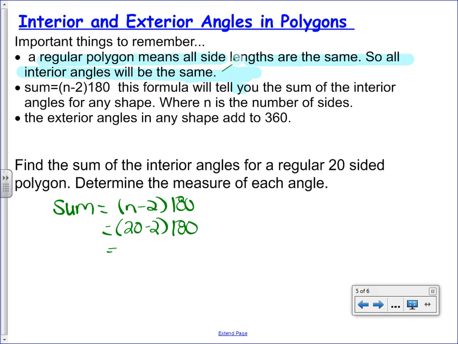You have to put times 180 after the bracket. Lucas? 3,240. How many of you were able to get that? Did it work? No? Okay. All right, so this is what the sum is. When you add up all the angles, it should equal 3,240.